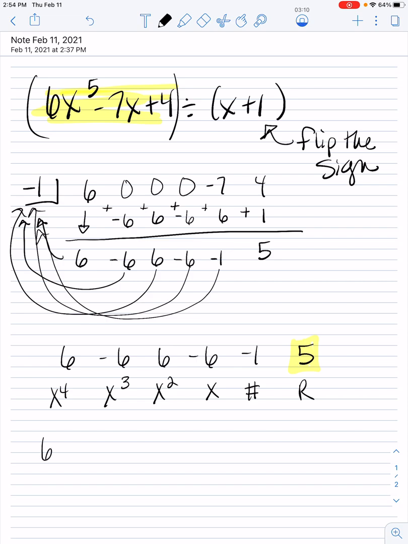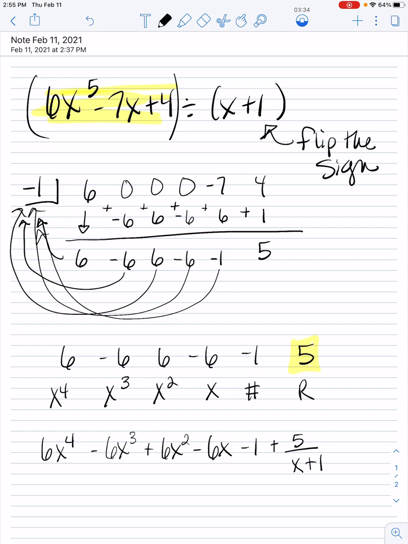So then we just rewrite it: 6x to the fourth minus 6x to the third plus 6x squared minus 6x minus 1 with our remainder of +5 over x plus 1. And that is your answer for that problem.